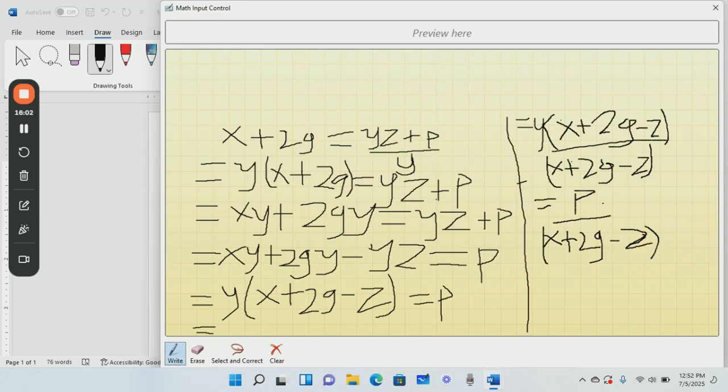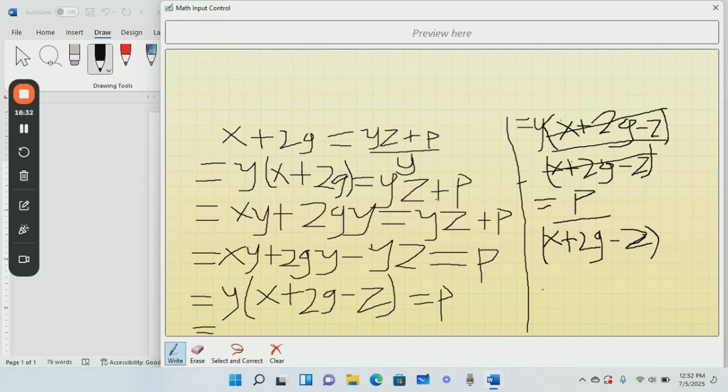So right now we have y, bracket open, x plus 2g minus z, bracket close, all over the same number. This we have here, this we have here, so you cancel this one, and cancel this one. So what we are left with is y is equal to p all over bracket open x plus 2g minus z, bracket close. So that's the final answer.